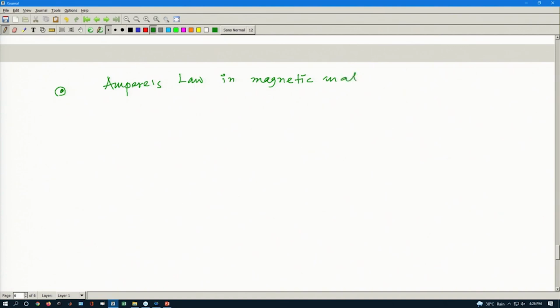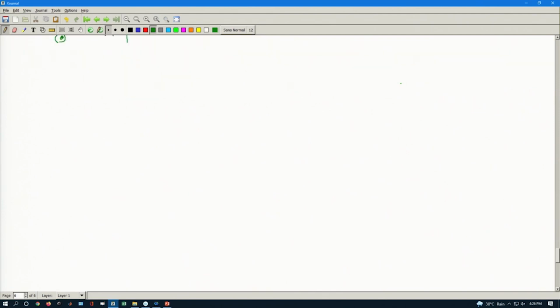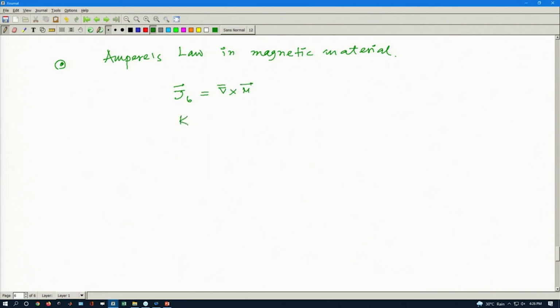So, how can we modify this law in magnetic material, because now in magnetic material we have this bound current which is related to the magnetization. Let me write it, and this is M cross n.